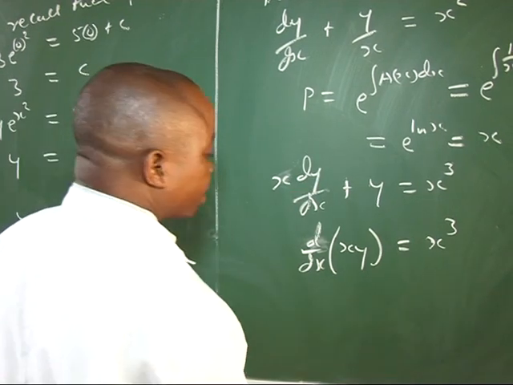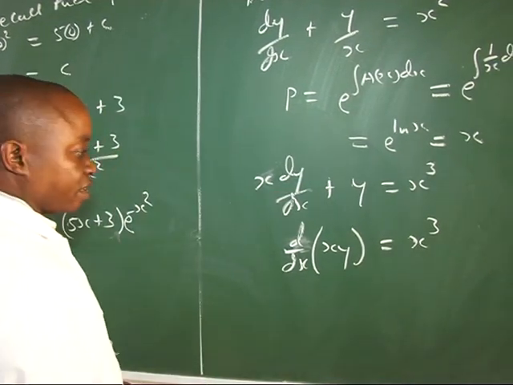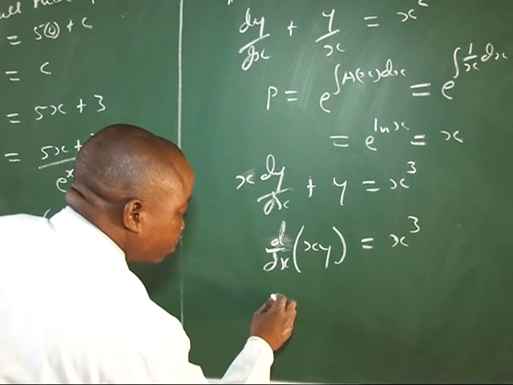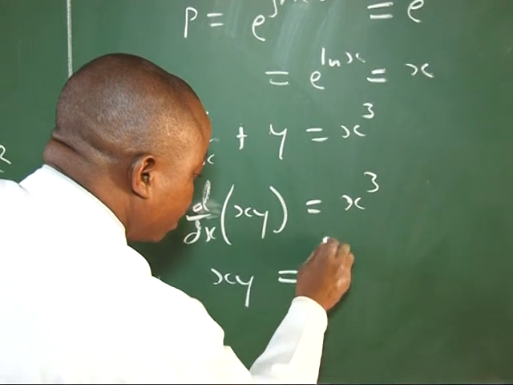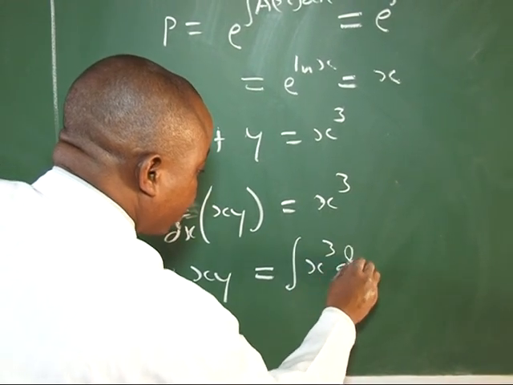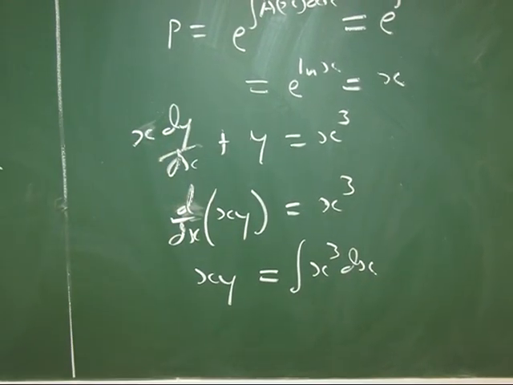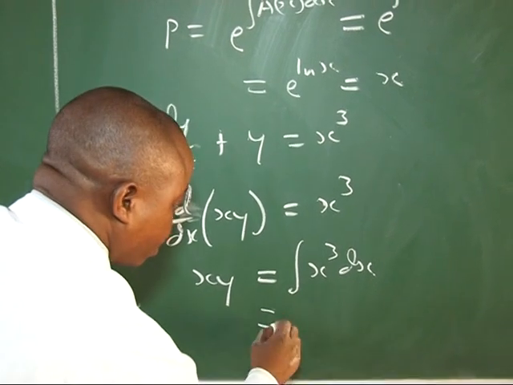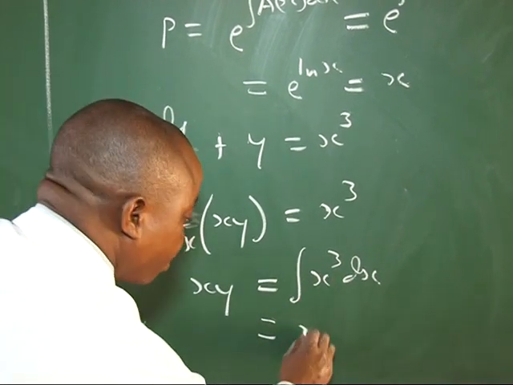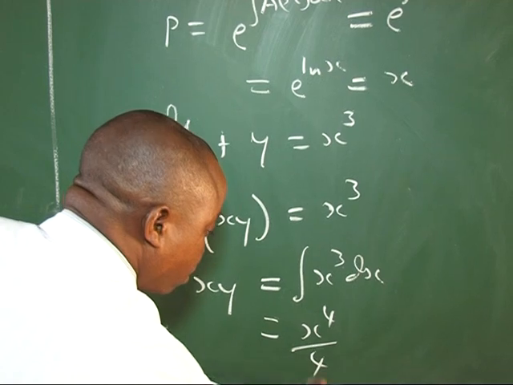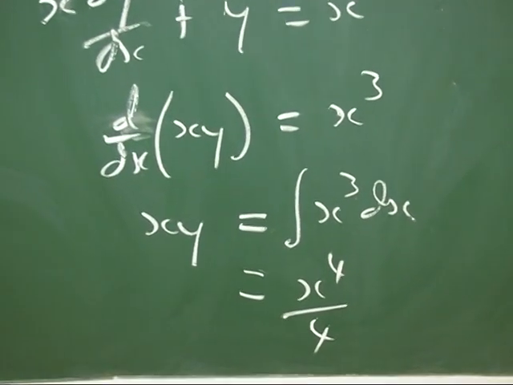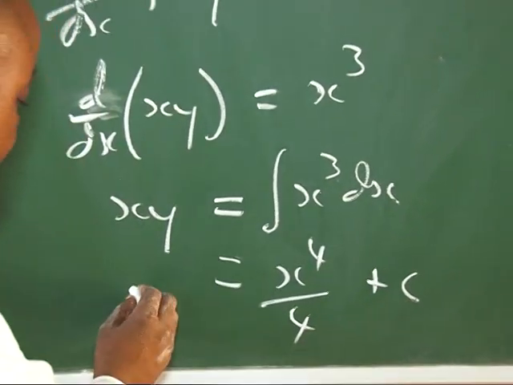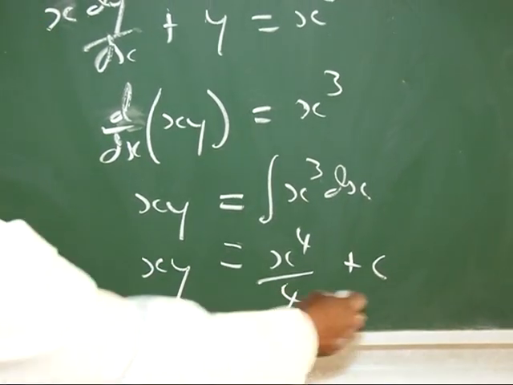Now integrating both sides with respect to x, we will have xy equal to the integral of x cubed dx, which will give us x raised to the power 4 all over 4, plus c. So we have here that xy is equal to this.